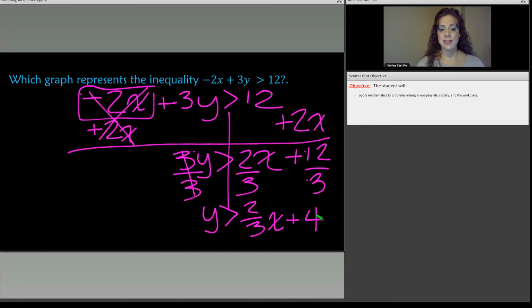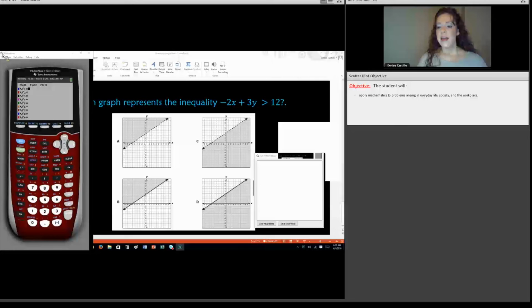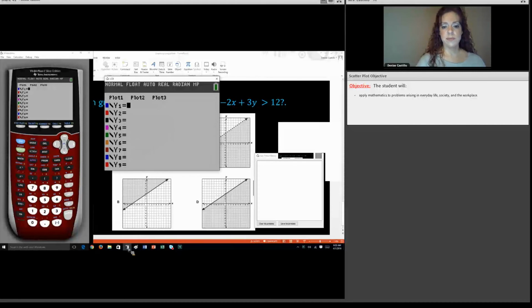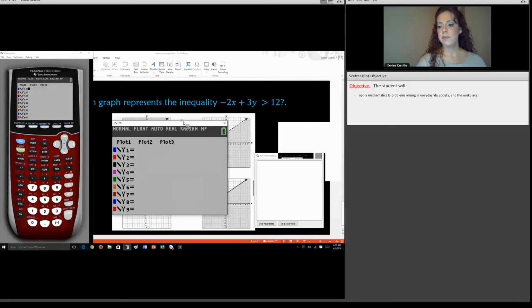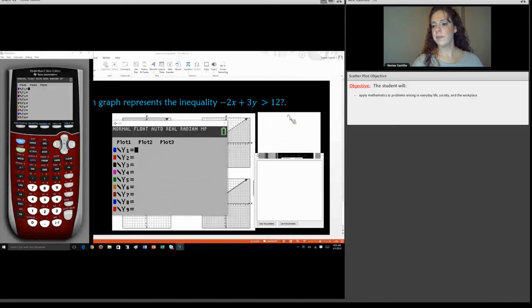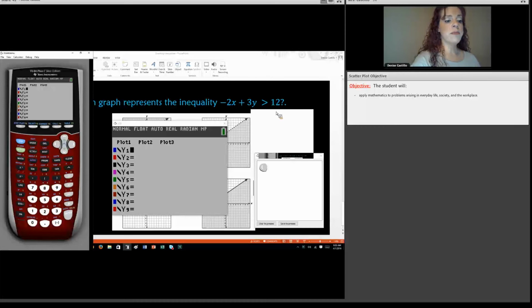Now let's go to our calculator to graph this. Now that we go to y equals, let's plug in our inequality. Now first, let's change our inequality for shading.